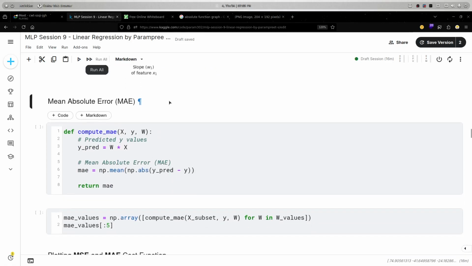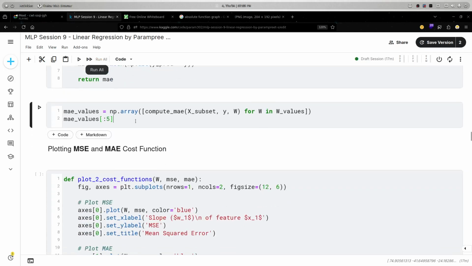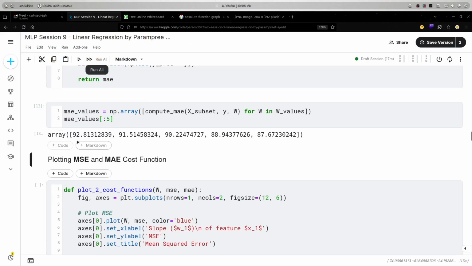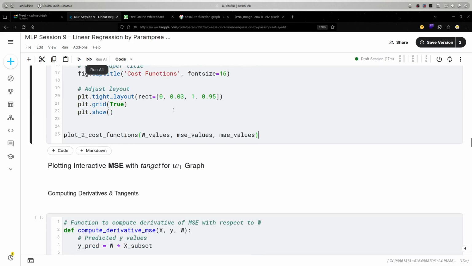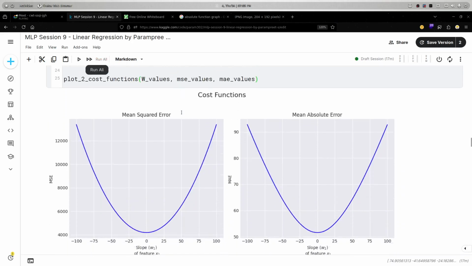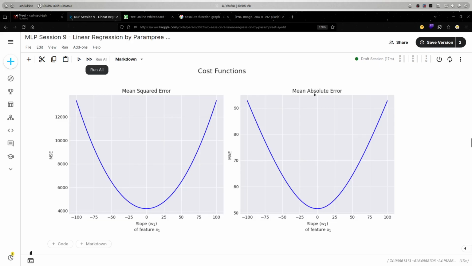Now as I said, we also have various other metrics, which here is the mean absolute error, and this is the function for the mean absolute error. I am computing the mean absolute error values for each w value, and I am plotting both of the graphs here. Here you can see mean absolute error is more of a V shape.